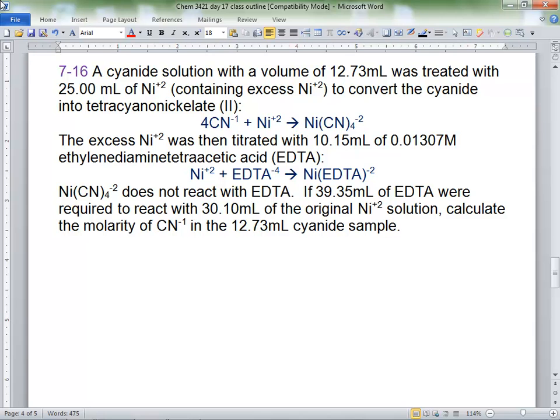Okay. Calculate the molarity of cyanide in the 12.73 mL cyanide sample. Okay? So if they want the concentration of cyanide, that's where I would start.